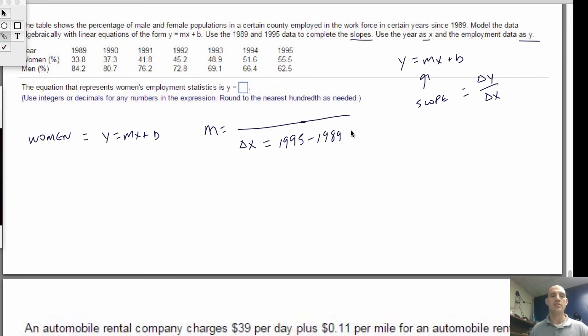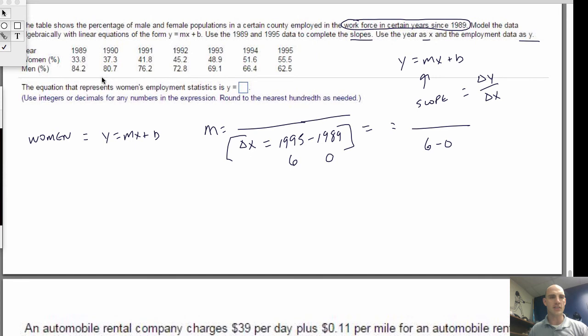One important consideration, just like in the last one: check it out, since 1989. So this is years since 1989, and so my change in x, the year as x, I actually need to consider that 1995 would be 6, 1989 would be 0, because it's years since. So on the bottom, I'm going to have 6 minus 0.